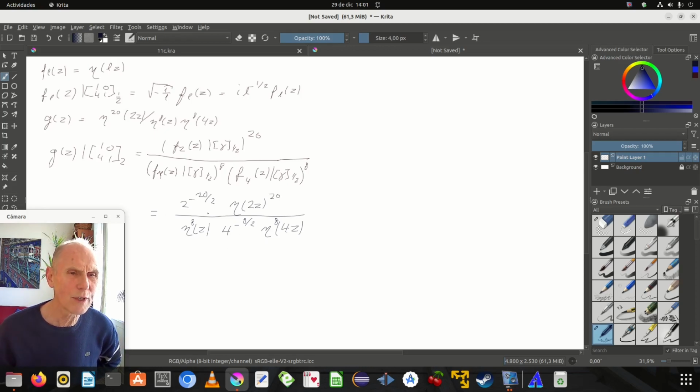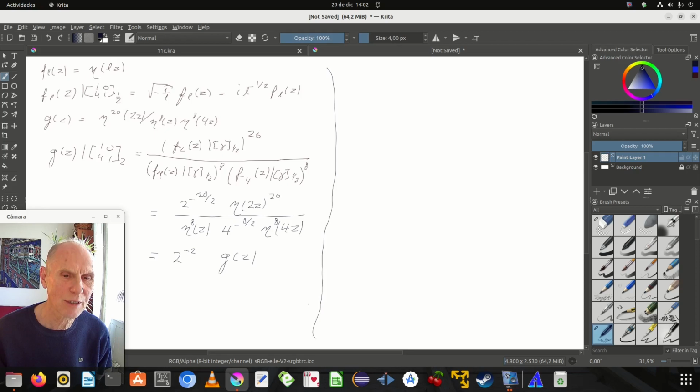This is 2 to the 10th, and this is 2 to the minus 8, minus 10th, minus 8. So I'm actually a factor 4 off. Well, let's leave that for the time being and then look at the cusps.